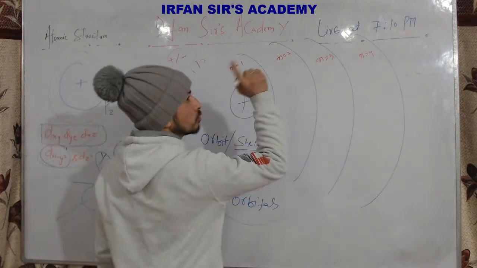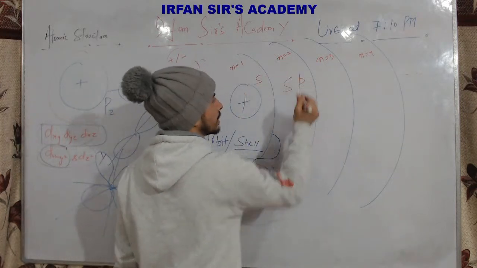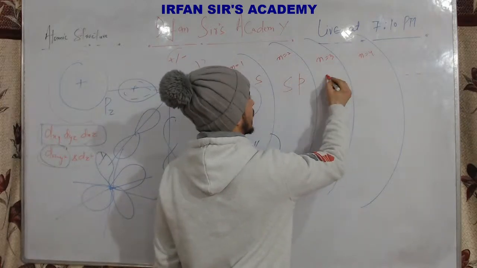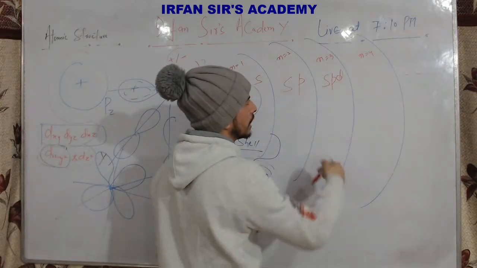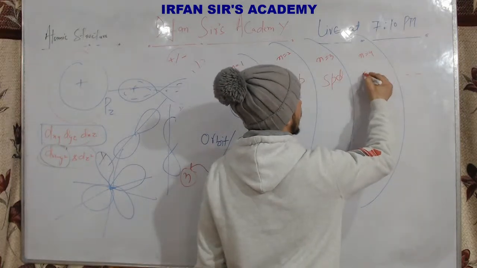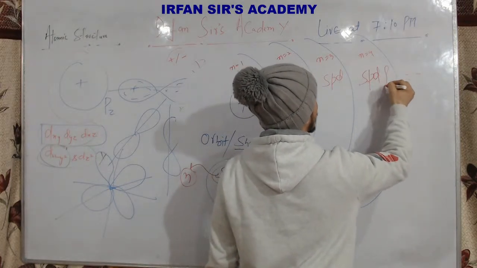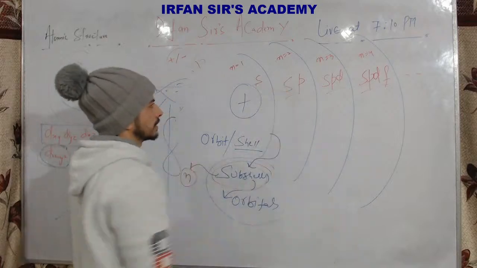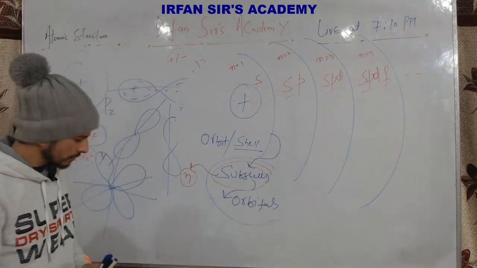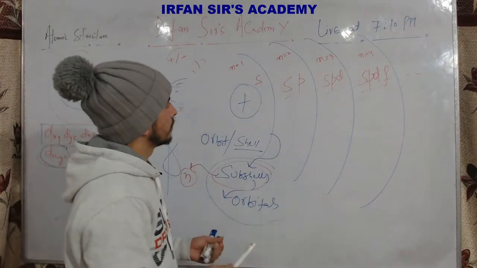In n equal to 2, S subshell and P subshell. In n equal to 3, S, P and D. In n equal to 4, S, P, D and F. There are 4 subshells. I hope it's clear.